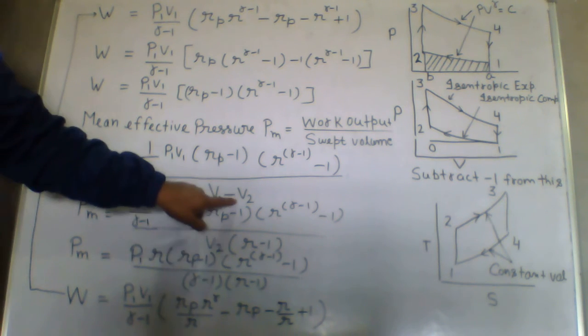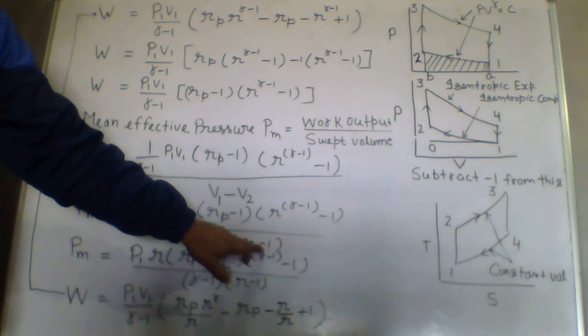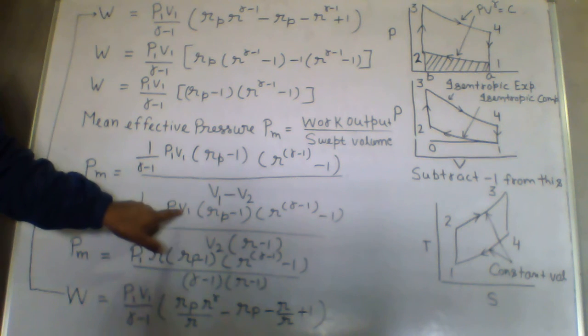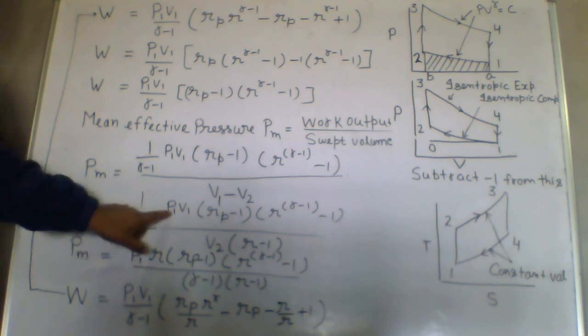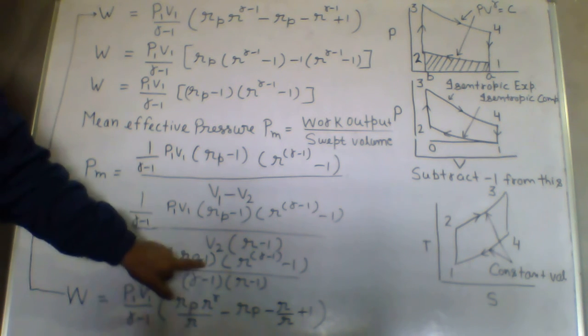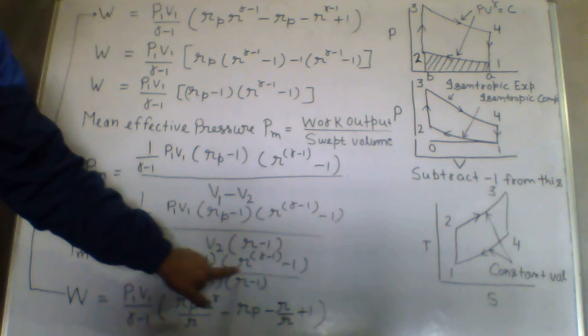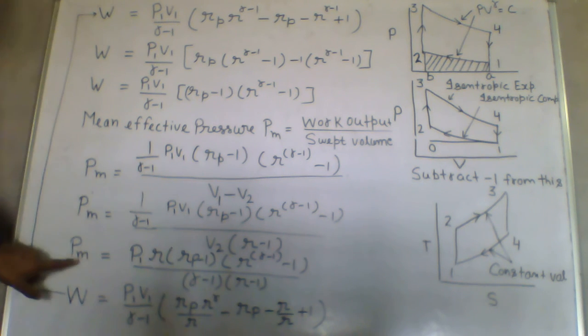V1 minus V2 we can write by taking V2 common, so V1 by V2 is equal to r minus 1. After solving, with V1 by V2 equal to r, we will get P1 V1 by V2 is equal to r, rp minus 1, r raised to power gamma minus 1, divided by this value. So this is the mean effective pressure.